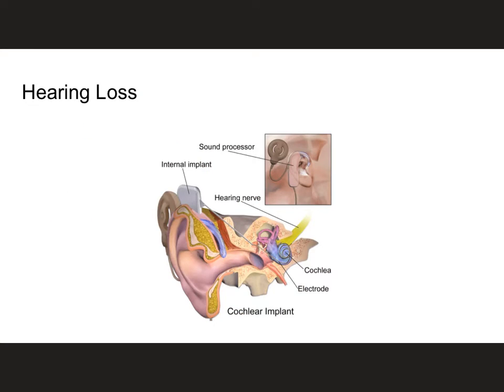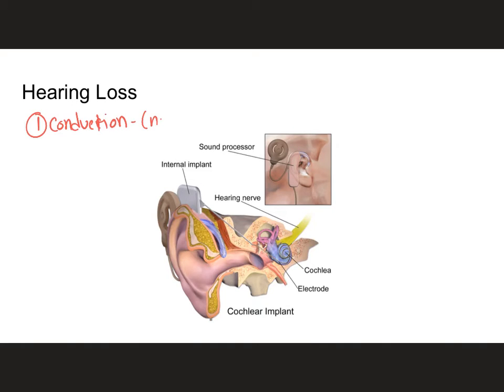So how do we explain hearing loss? Well, there are actually two types of hearing loss. The first kind is what we call conduction hearing loss, and once this happens, it cannot be repaired.